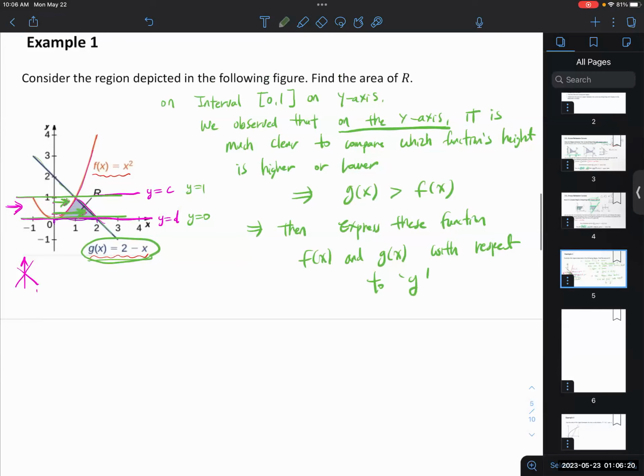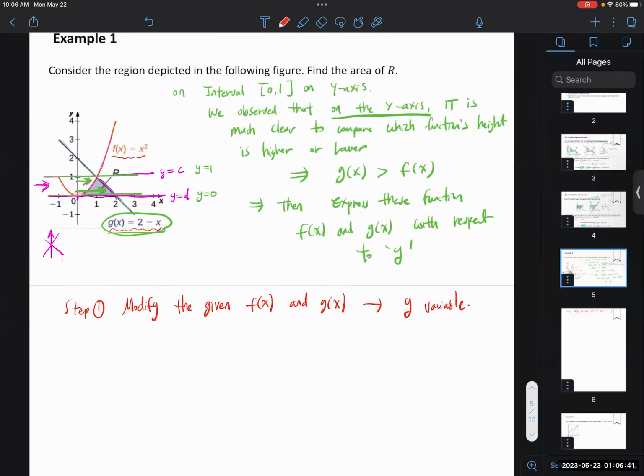So step 1, we're going to modify the given f of x and g of x functions in terms of the y variable. So what that means is we have f of x equal to x squared. It means y equals x squared, correct?